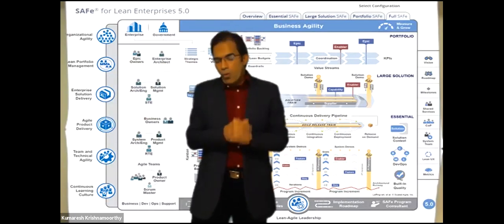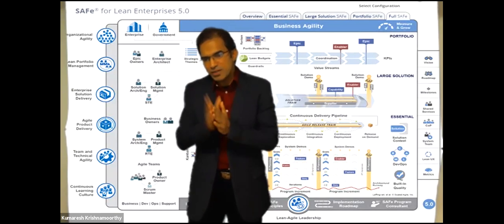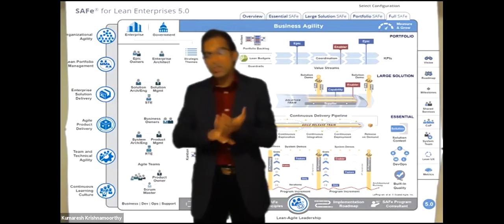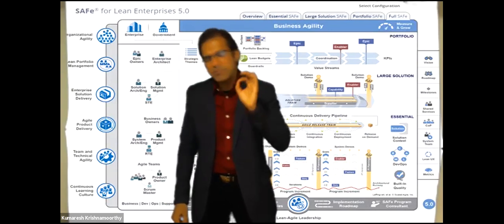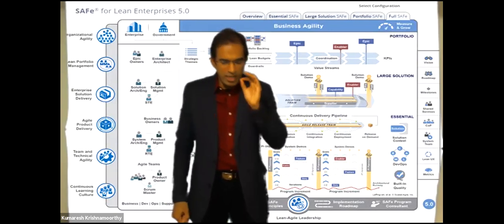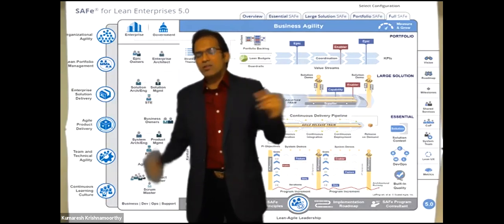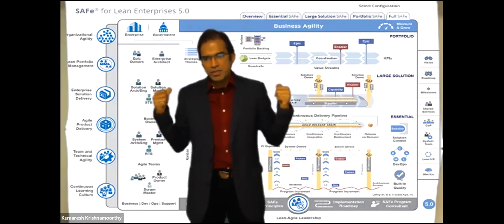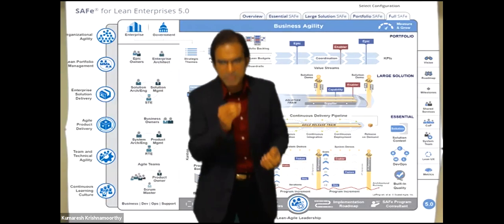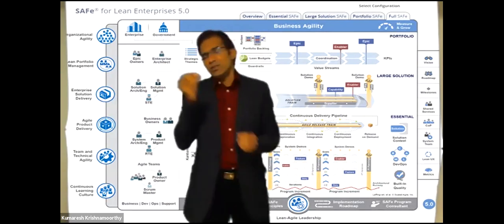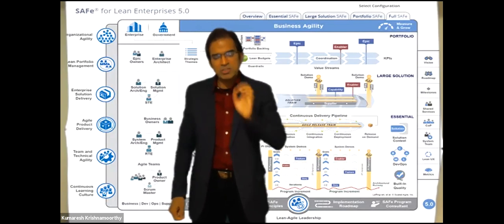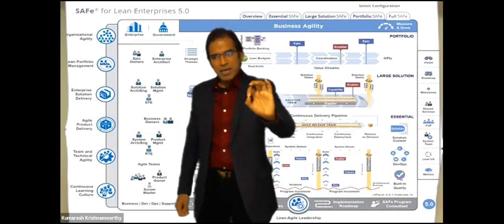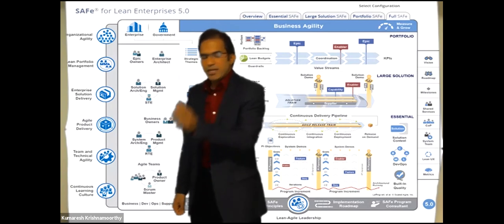So how to make PI planning effective? The third input, which is very important, is education and training. Every single person who is going to attend the PI planning event needs to understand what the framework is all about. They need to understand the purpose behind the event. They need to understand their roles and responsibilities during the PI planning event and after PI planning, during the PI itself.